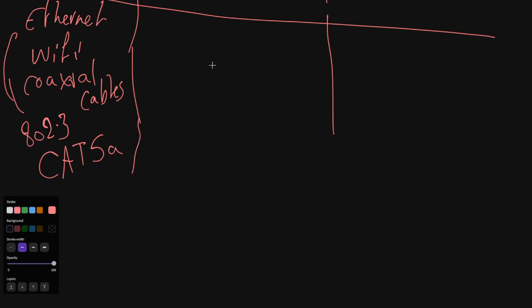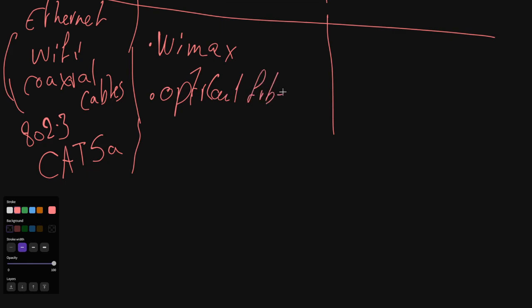In the MAN there is something called WiMAX, for instance. There are also optical fibers, which usually create the backbone of the internet. And in the WAN there are satellite connections and also things like radio stations.